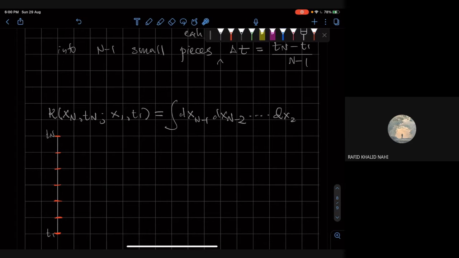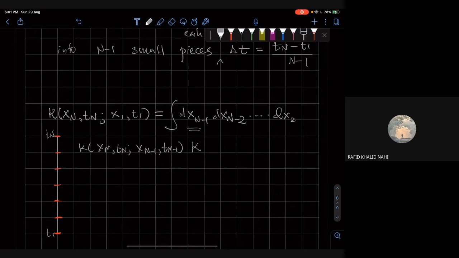So this is going to be the integral, and we're going to break up these guys, and we're going to have K from x_n t_n to x_{n-1} t_{n-1}, and we're going to integrate over x_{n-1}.